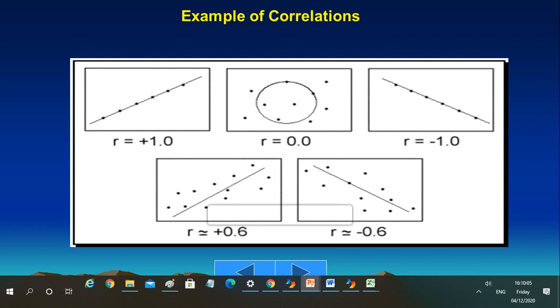On the bottom side, R is equal to +0.6, which means it is going from slightly away from the origin to the top right. In the last picture, it is going from top to bottom on the right side, so that is why it is negative. These are the ways you can easily understand what the relation is and how it is going to be.